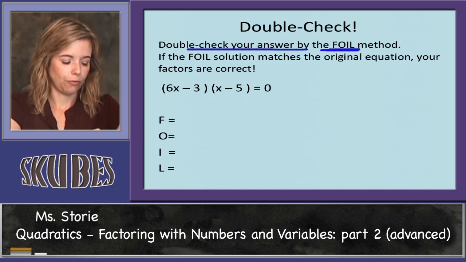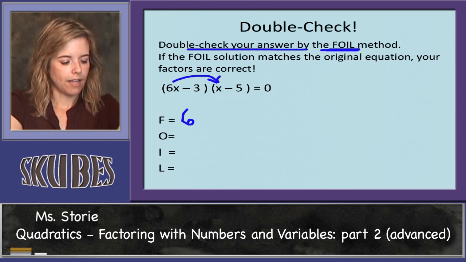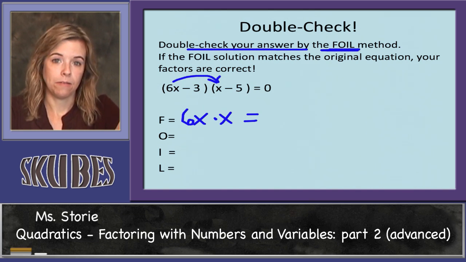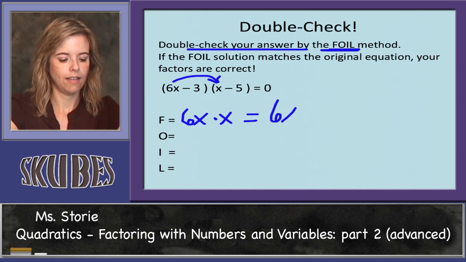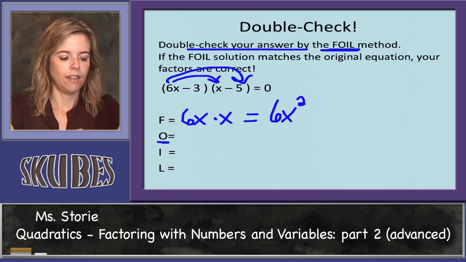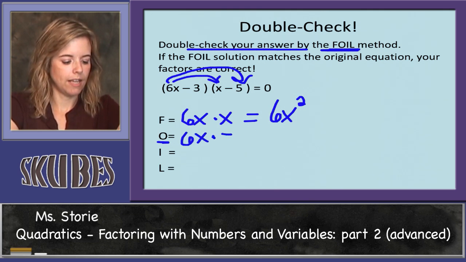You remember FOIL stands for first, so you're taking your first term times your first term. So you're doing 6x, multiplying it by x. And remember, when you multiply exponents, you really add them. So that's 6x squared. Now you're going to take O, which is the outside, so you take 6x times the outside number, -5.